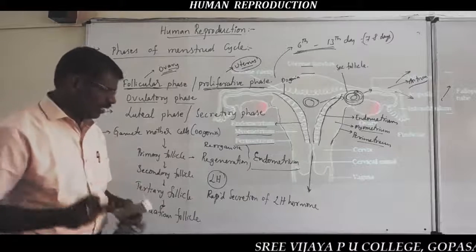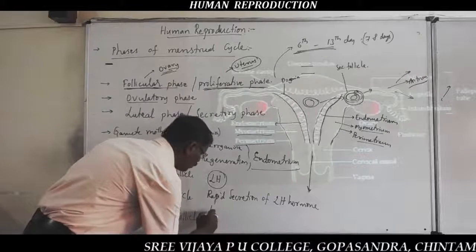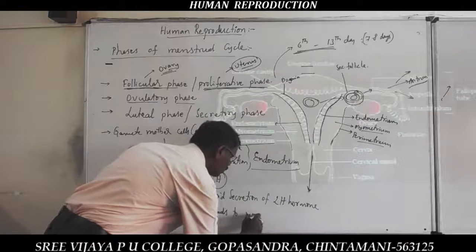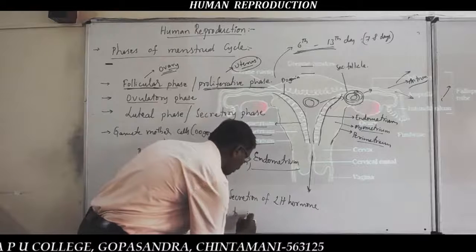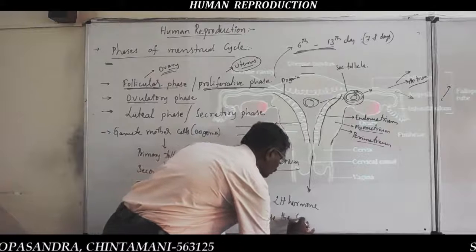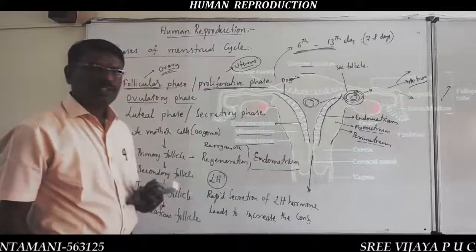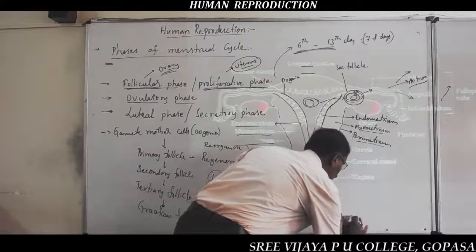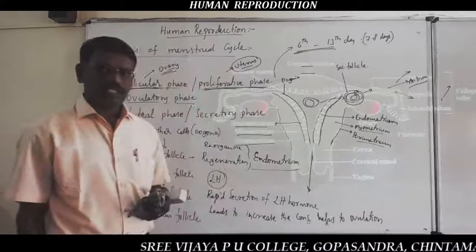Rapid secretion of LH hormone leads to an increase in the concentration of LH hormone, which helps ovulation.